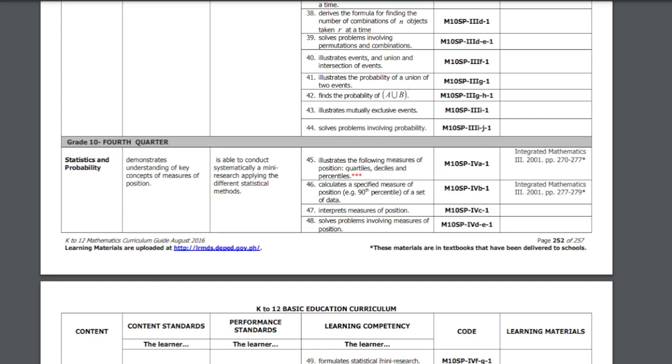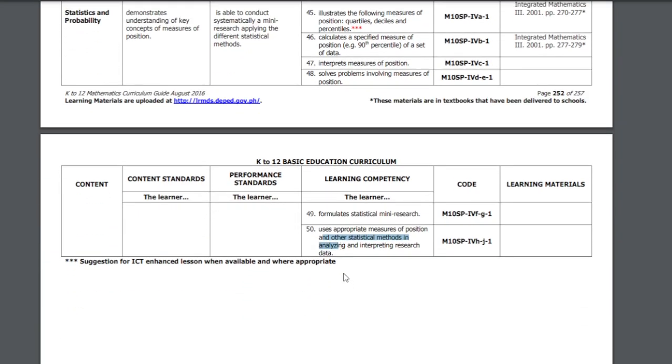And here it is, the mini research. Formulate a statistical mini research, and use appropriate measures of position and other statistical methods in analyzing research data. This is basically also solving some. I believe that's the last one. And after you survive that, congratulations on finishing your junior high. Now you get to your senior high.